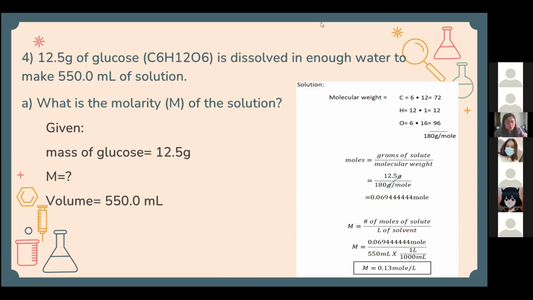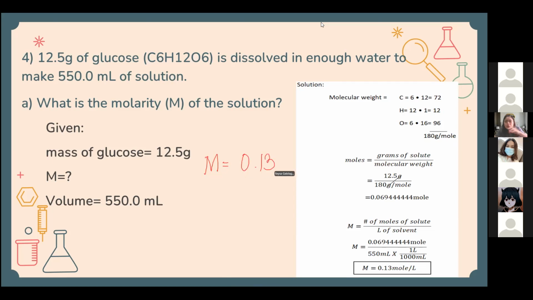Because, ma'am, after I got the 0.13 mole over liter, I divided it by 0.55 liters to cancel out the liters. So what was left for me is 0.24 mole. What do you mean, you divided it? I divided it again, ma'am, the 0.13, by 0.55 to cancel out the liters.